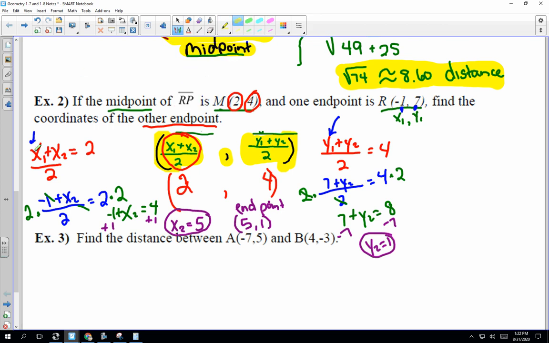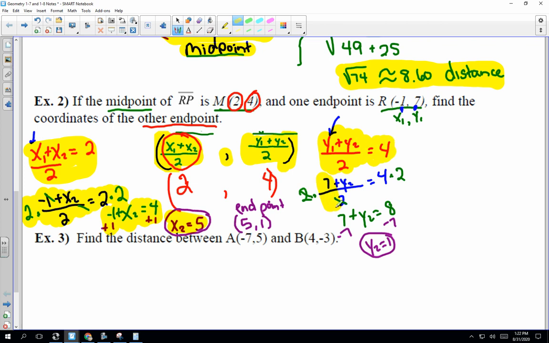All right, let's highlight everything you need. I need this filled out. We need to show that we substituted and divided by 2. We need to show that we added 1 to both sides. And we need to know that x2 is equal to 5. I do need this formula written out that it equals 4.